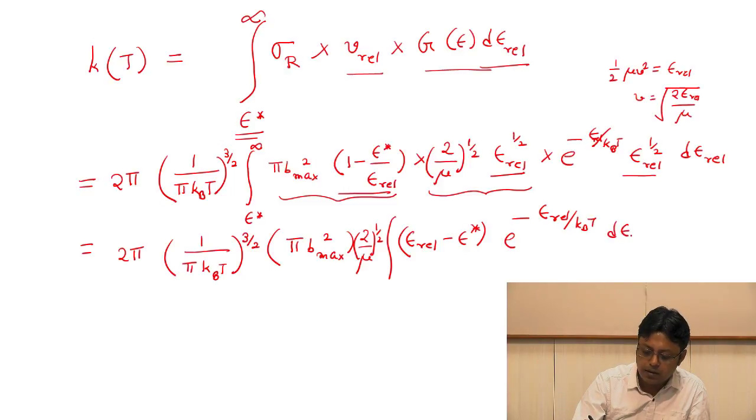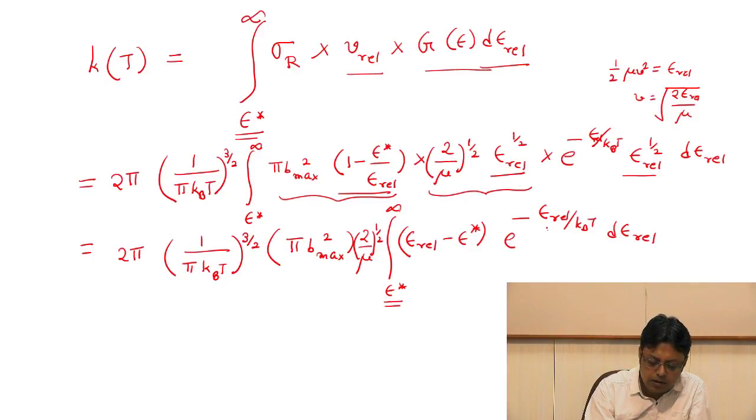Now we have to somehow use the gamma function, but we cannot because the lower limit is epsilon star, and also the variable here is epsilon relative. Now we can make a trick. Let me define a new parameter, epsilon prime, which is epsilon relative minus epsilon star.